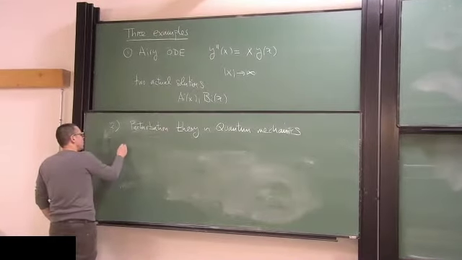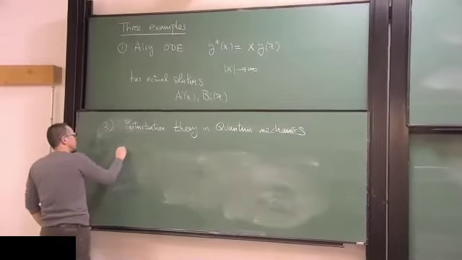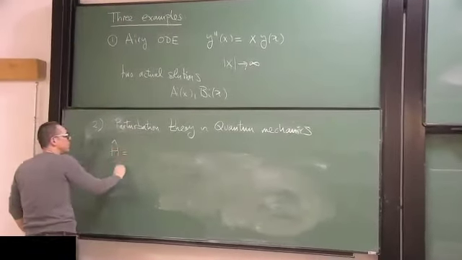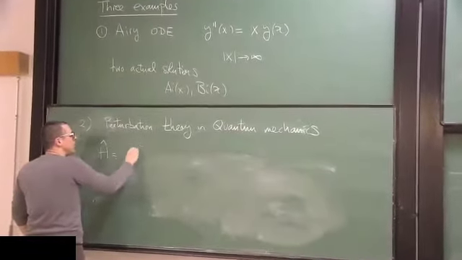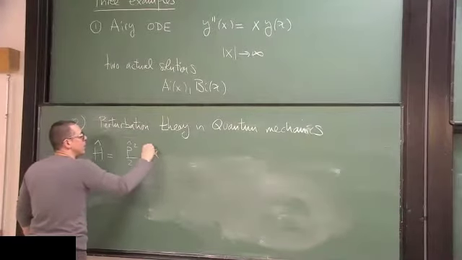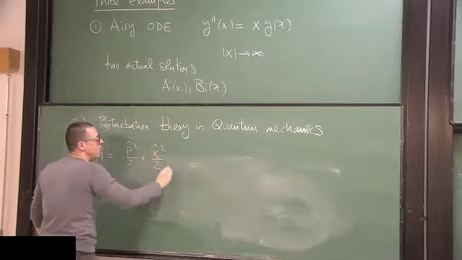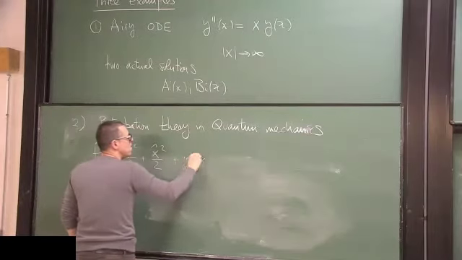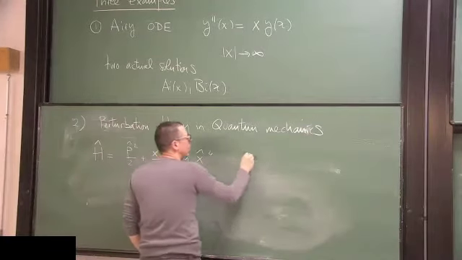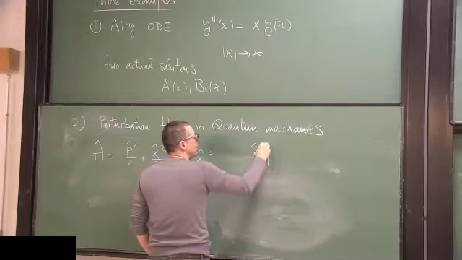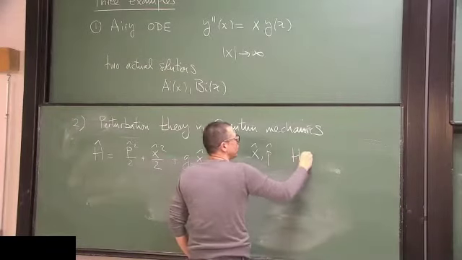So let's work in one dimension. Let's consider a quantum Hamiltonian, which is given by this. Here, X and P are Heisenberg operators.